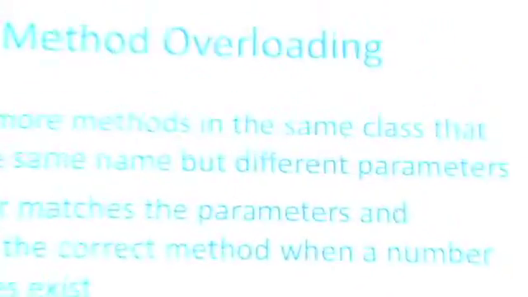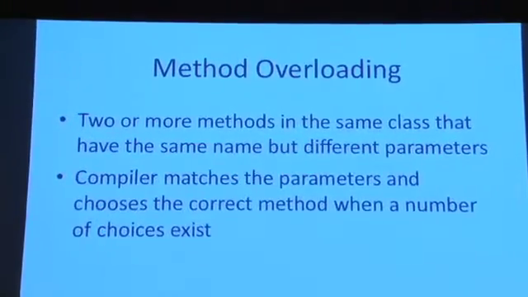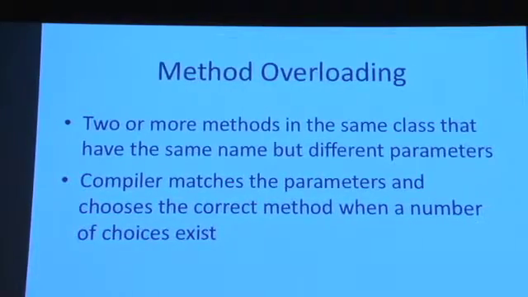Okay. And the last thing we'll be going over, just Java fundamentals before we actually start looking at source code, is method overloading. So this is two or more methods in the same class that have the same name but different parameters. Let's just say we have a shape class, and we have triangles and squares. We can define the lengths of the sides using methods in the shape class.